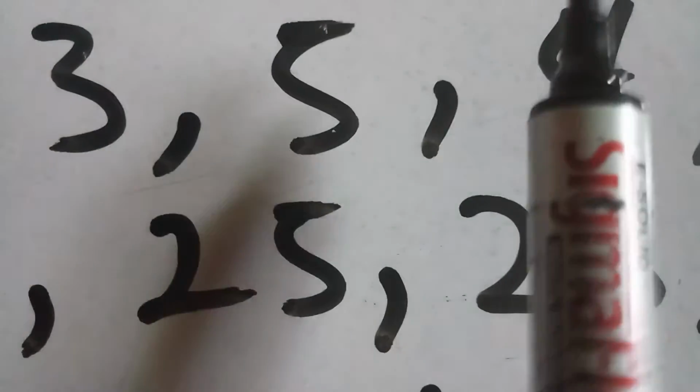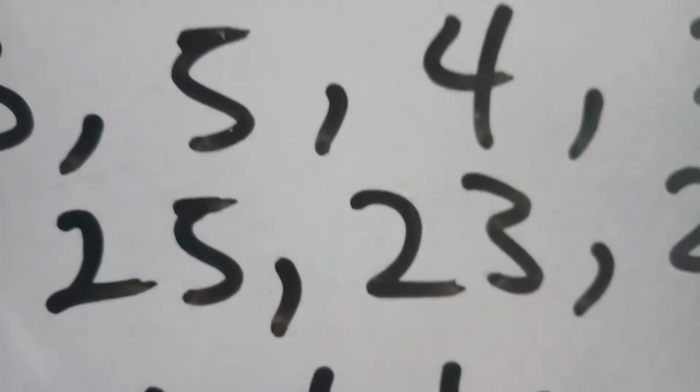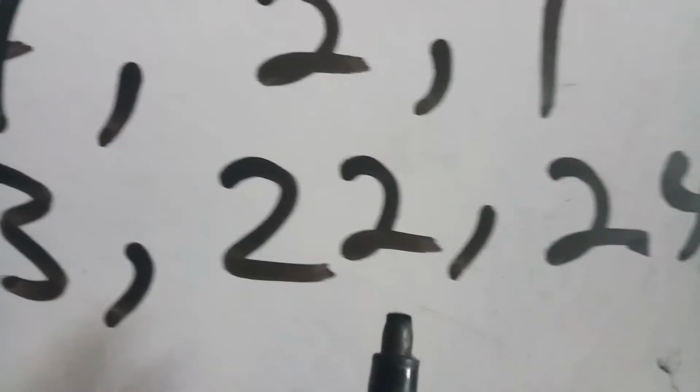How many? 1 2 3 4 5 6. This is an even number. You know what to do after arranging it, either in descending order or ascending order. Then B is 21 25 23 22 24. You arrange it before you can find the median. I didn't say that during my explanation.